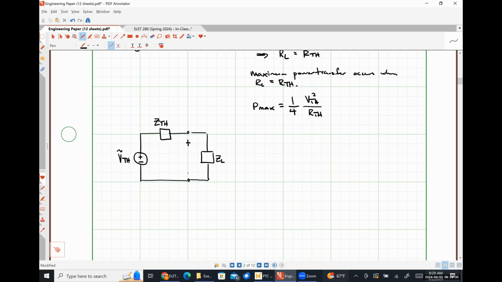We can find our RMS phasor voltage VL like so, our RMS phasor current IL like so. And because we are finding average power, the average power, if you recall, is just the real part of our phasor voltage times the complex conjugate of our phasor current.